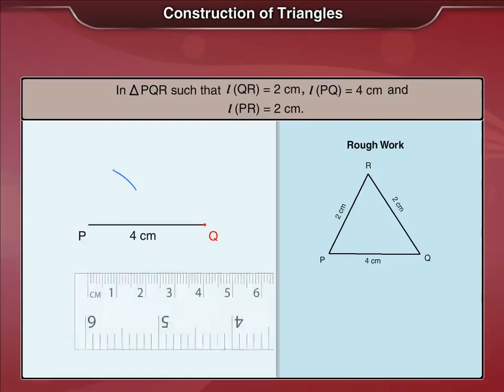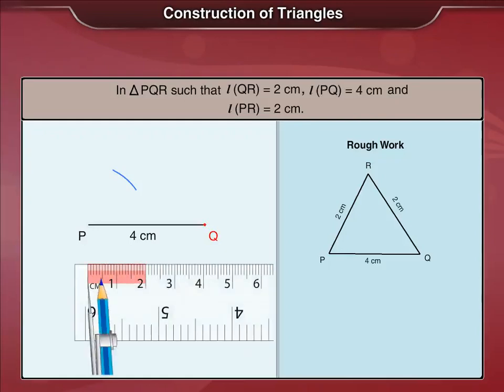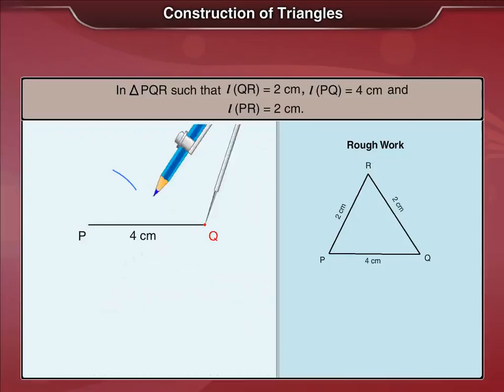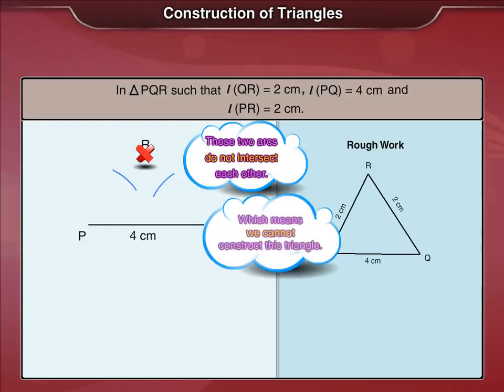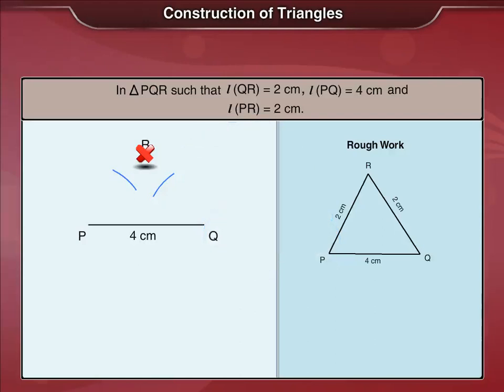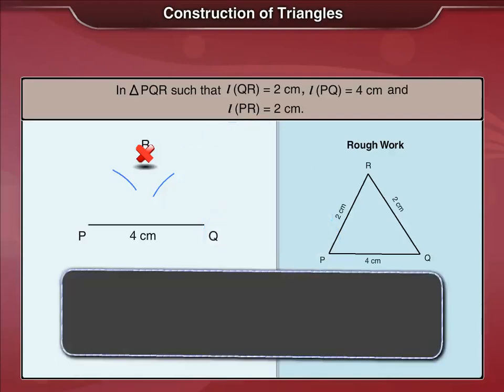Now, take radius equal to length AC, that is 6 cm in the compass. Place the metallic point at point C and draw an arc intersecting ray BX. In how many points does the arc intersect ray BX? In 2 points. Name one of the point of intersection as A and the other as A'.